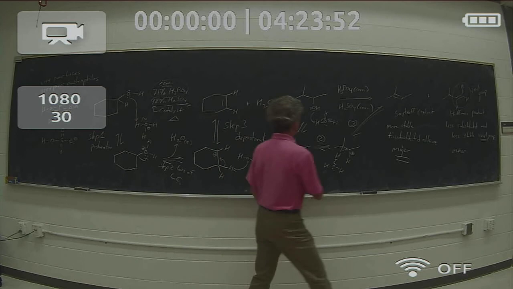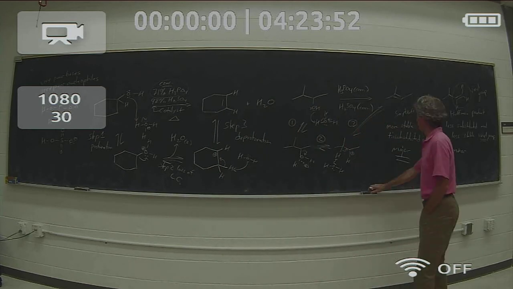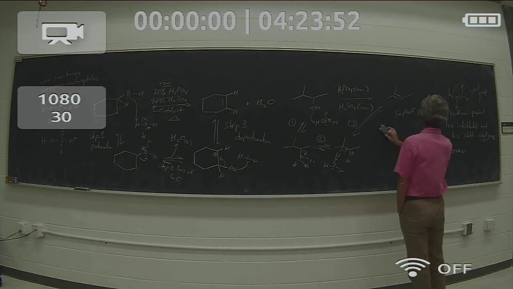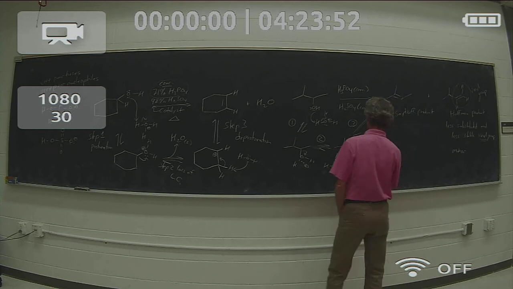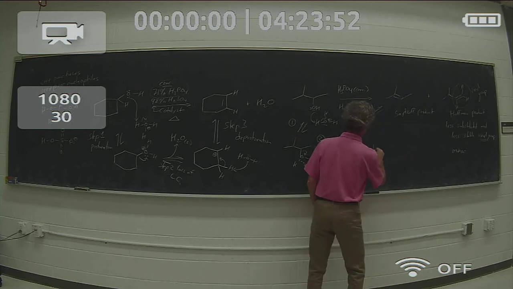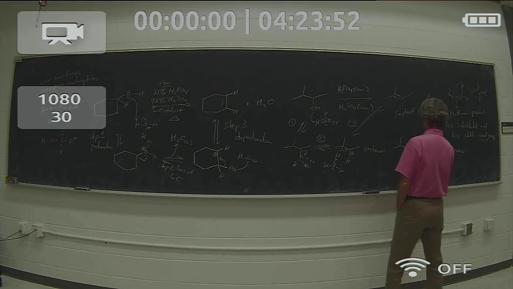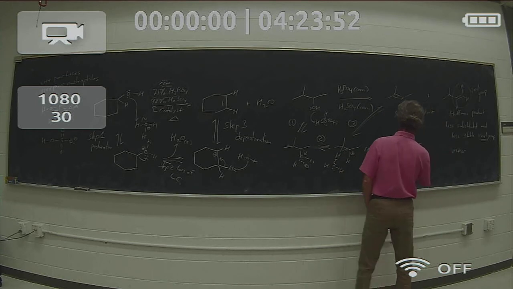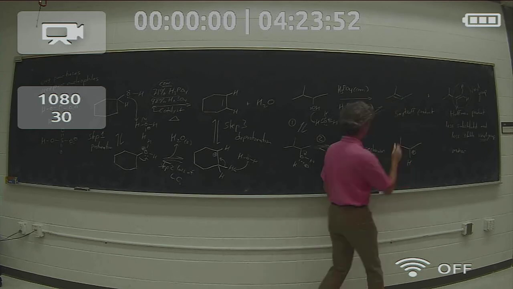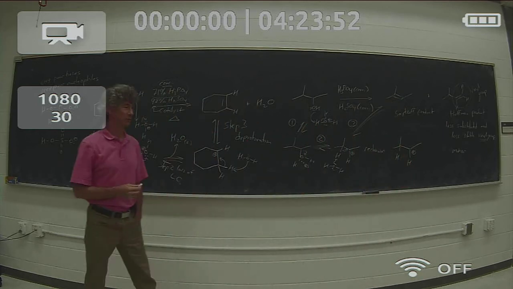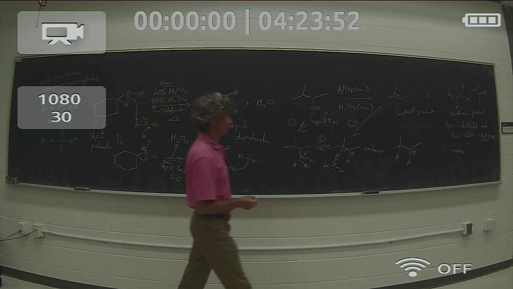But there's an alternative mechanism, because this intermediate is also capable of undergoing a hydride shift to generate the more stable tertiary carbocation.